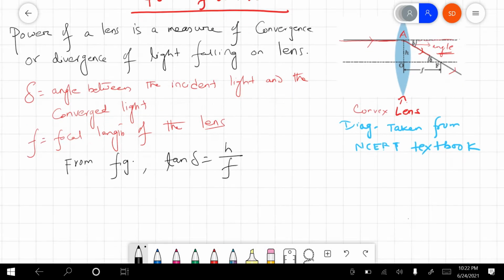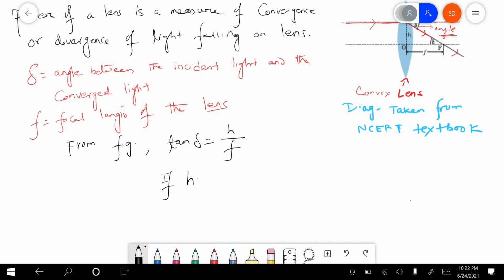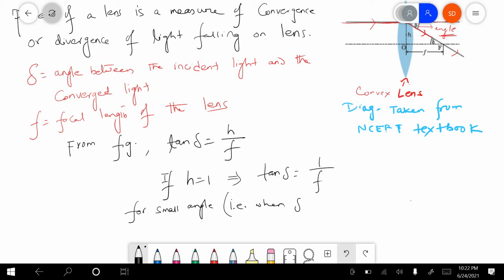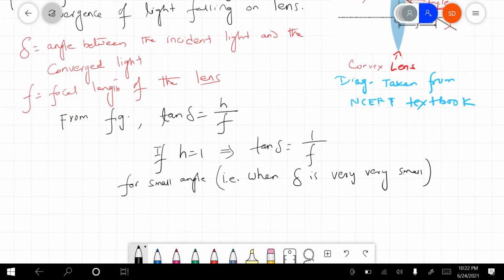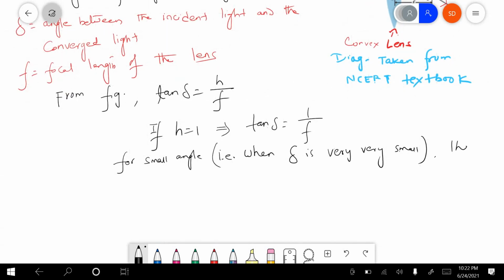If H is equal to 1, this gives tan delta is equal to 1 by F. For a small angle, that is when delta is very small, we can write tan delta is nearly equal to delta. This gives delta is equal to 1 by f.